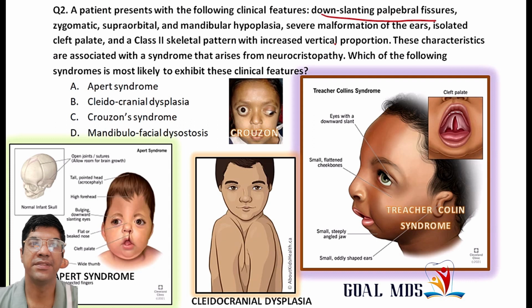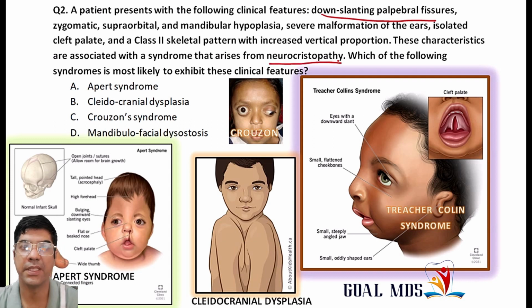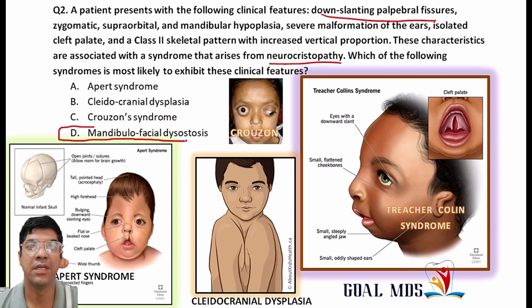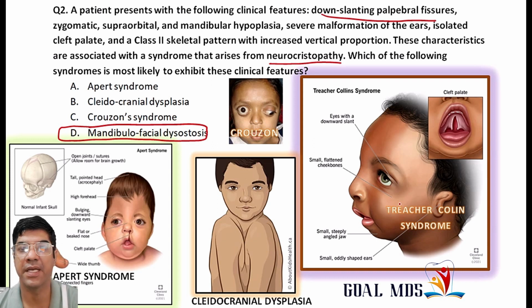These characteristics are associated with a syndrome that arises from neurocristopathy. So your answer will be mandibulofacial dysostosis. The other name of mandibulofacial dysostosis is Treacher Collins syndrome.